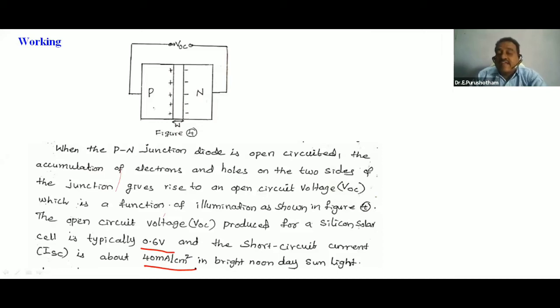Bright noonday sunlight means afternoon, nearly 12 p.m., not night. So the silicon solar cell VOC value is 0.6 volts and the short circuit current is 40 milliamperes per centimeter square.